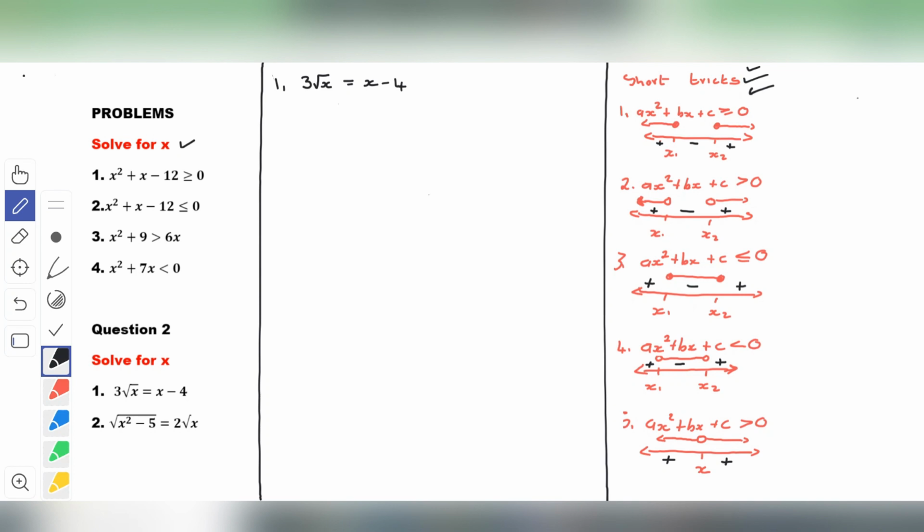So remember, we always say that we remove a square root by squaring both sides. So whenever we square this thing, we're going to be left with x, right? So how do we remove the cube root? Remember there is a square here. That's why we square both sides.